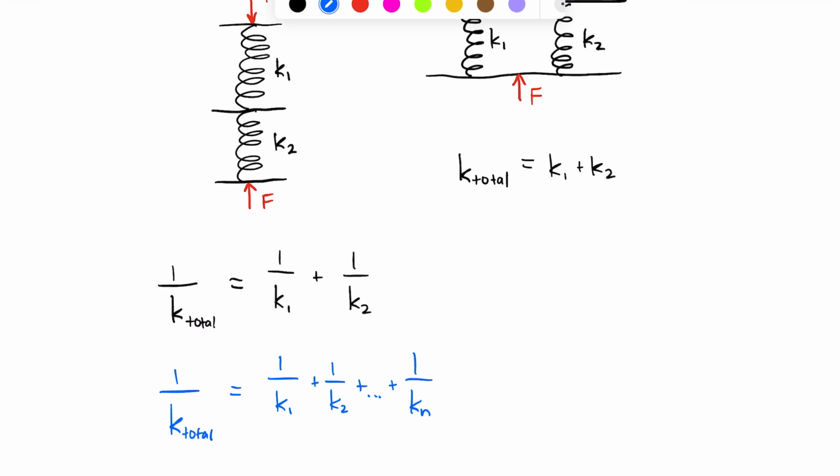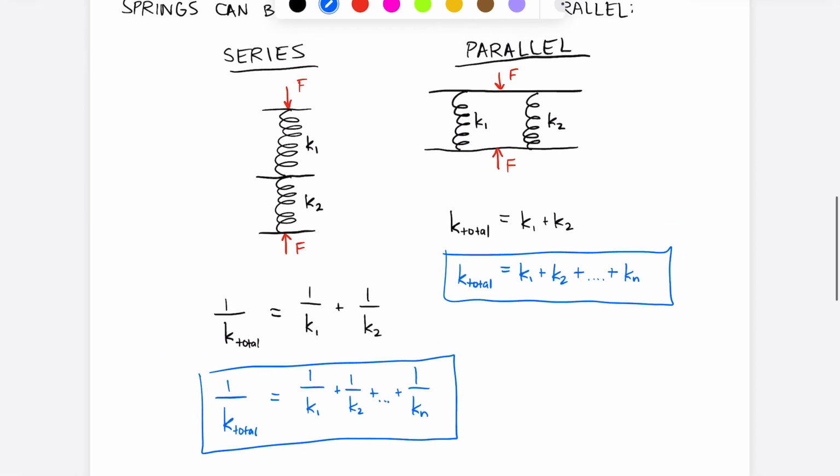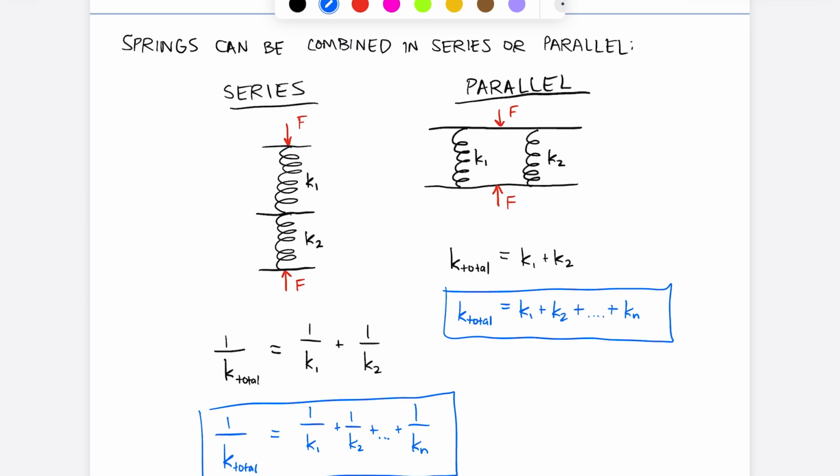Okay, so the pattern continues. Same thing for springs in parallel. Our total spring stiffness is K1 plus K2 plus however many springs we have up until Kn. Okay, so those are the general forms of the equations to find the combined spring rate for springs either in series or in parallel.